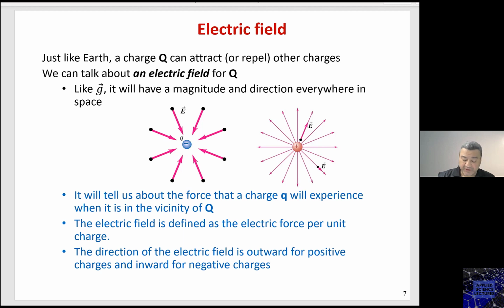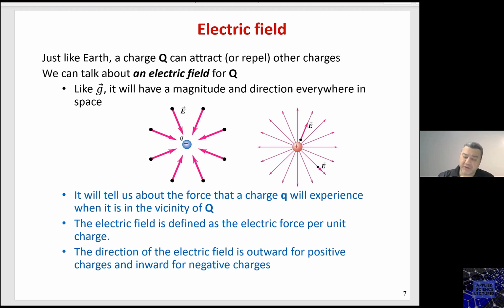If this is my charge, and here it is a negative charge, treated as a point charge, the electric field is always pointing toward the negative charge. Again, the magnitude depends on the location of that point from the charge.